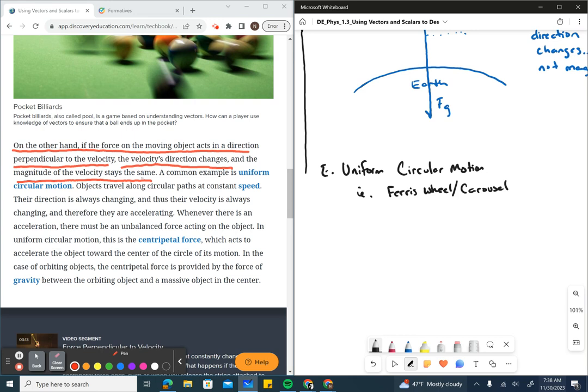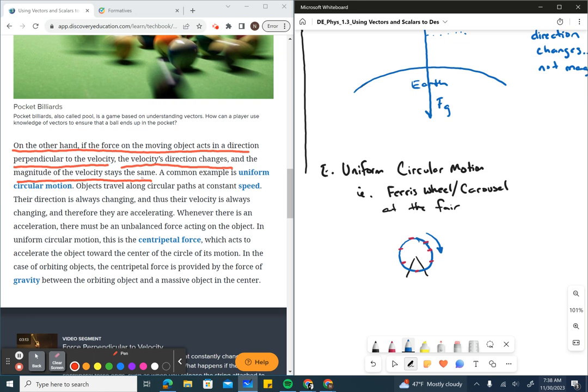I'm not really sure how you spell carousel, but if you're at the fair, you might have one of those large structures where they have those giant things that are circular, and you're sitting in one of the chairs, right? And these things spin around. This is going to turn in a uniform circular motion, right?